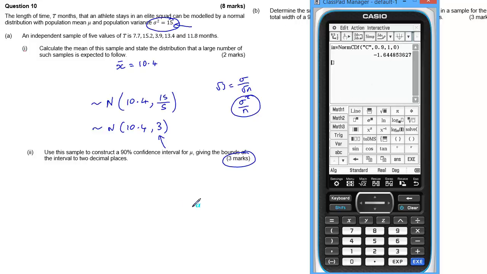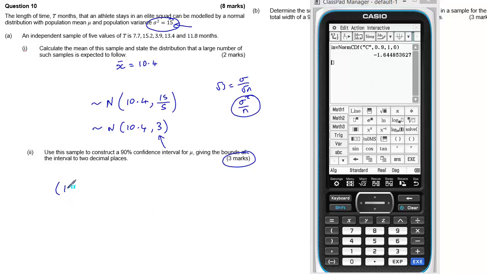So 1.645, so we're going to have 10.4 take away 1.645 multiplied by the standard deviation. And as we mentioned before, this one has already been adjusted for the number of things in the sample. And then we've got 10.4 add 1.645 times root 3.